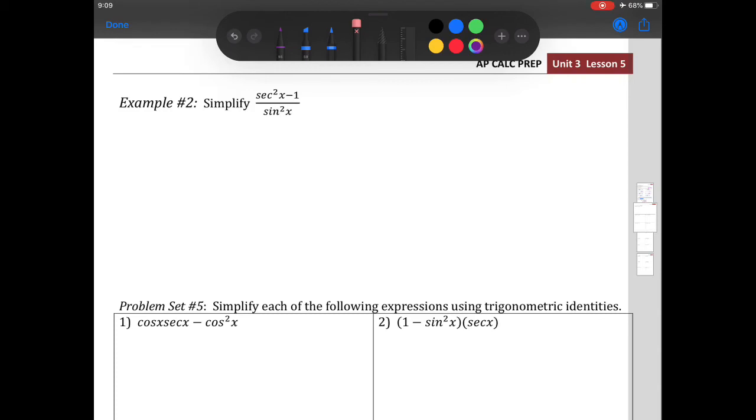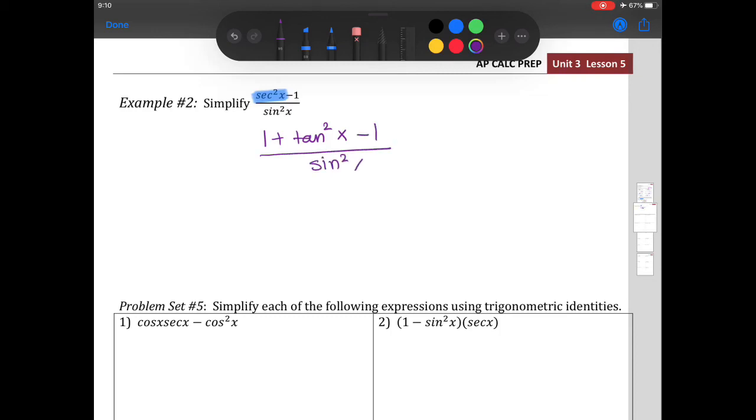You can do it like that. But I also know my secant squared x is 1 plus tangent squared x. So I'm going to replace secant squared x with 1 plus tangent squared x, right?